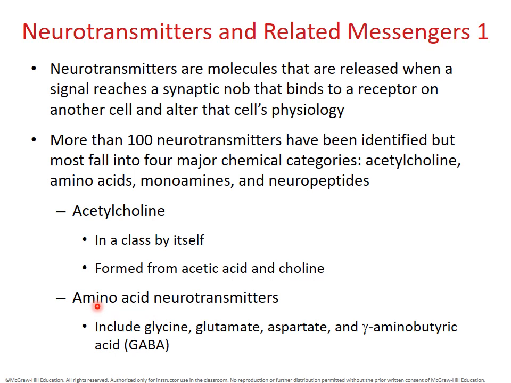Not all 20 of these function as neurotransmitters, but a few do, and some of the more common ones are glycine, glutamate, aspartate, and gamma-aminobutyric acid, which of course is a mouthful, and most people simply abbreviate it as GABA.